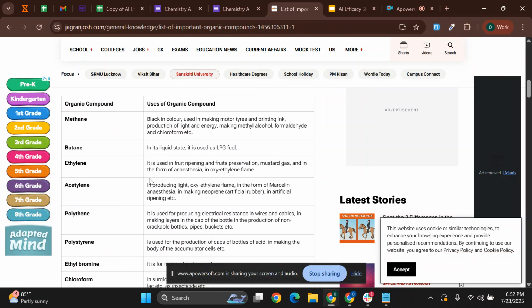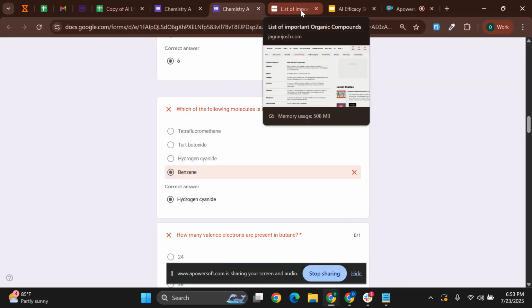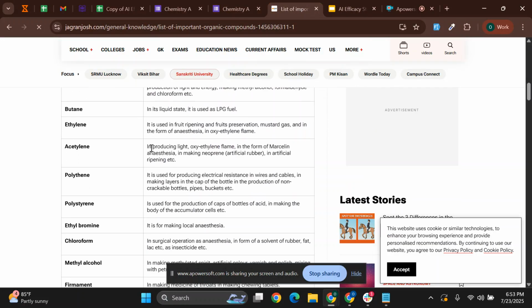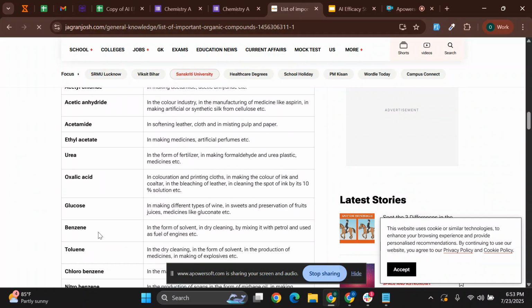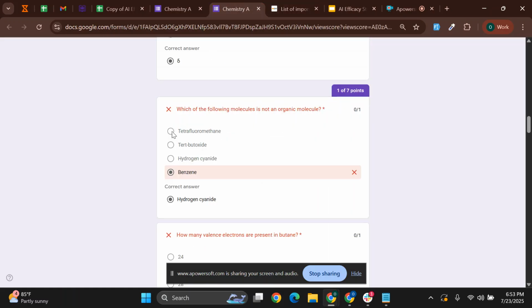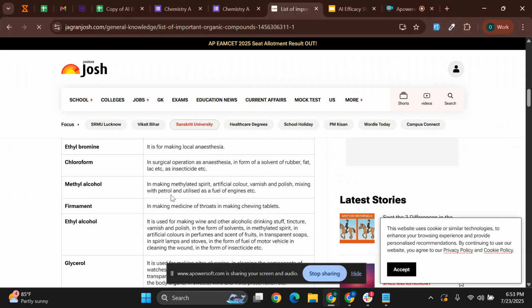Okay, methane is organic, butane, ethylene. So is benzene. Benzene is organic. So this is hydrogen cyanide. Tetrafluoromethane.